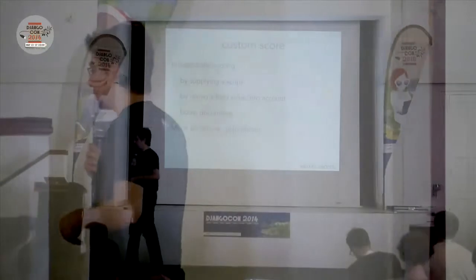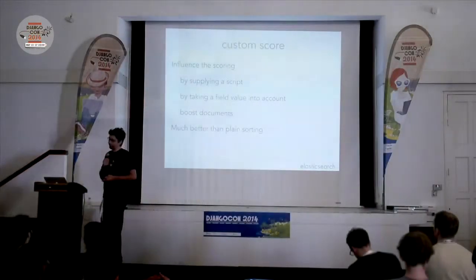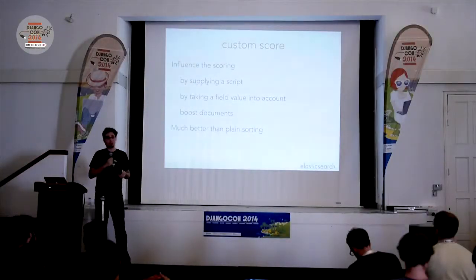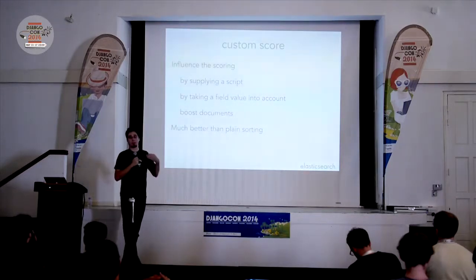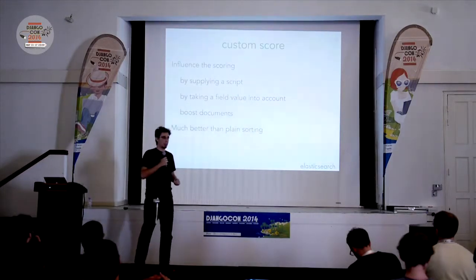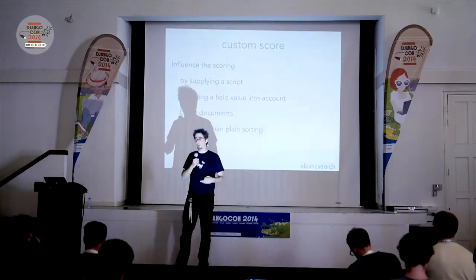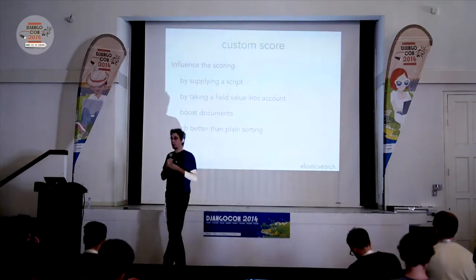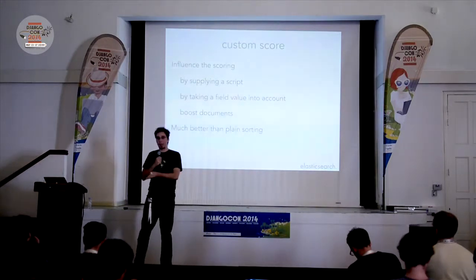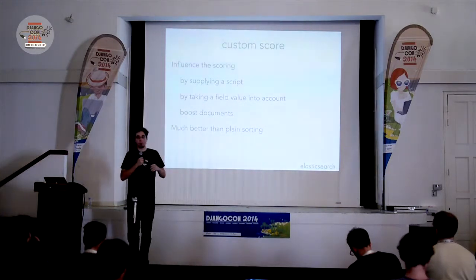So what you can do instead, if you actually want to take the freshness of the project into account, is use a custom score feature, which actually lets you influence how the score is computed. For example, you can say that certain documents are more important based on their popularity, or based on their closeness to the user's location, or based on anything else.